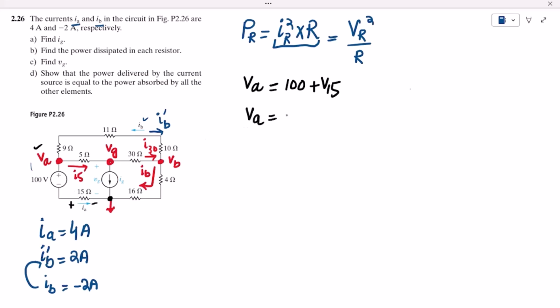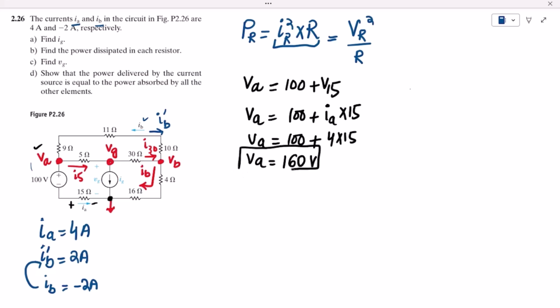So VA = 100 + V15, which is I_A multiplied by 15, and the value of I_A is also given, that is 4. So 4 multiplied by 15, and ultimately we will get 160 volts. So the value of VA is given now.